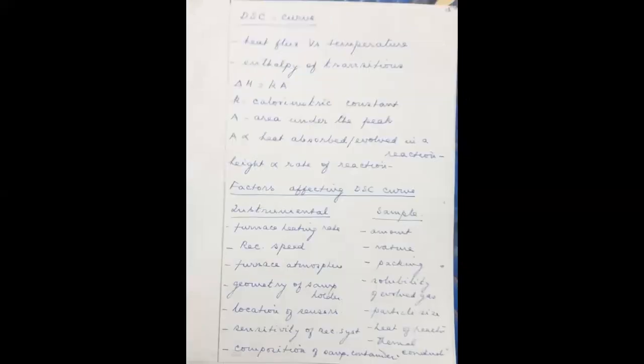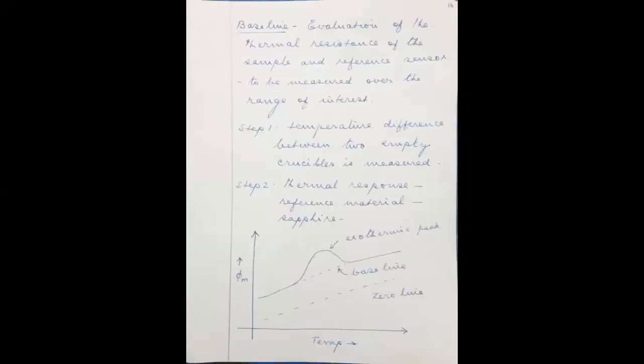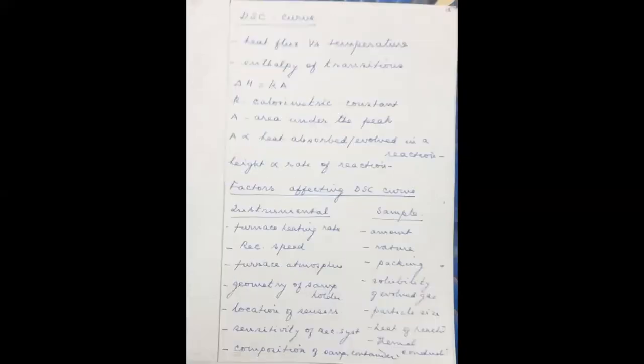Now, what is a DSC curve? It is the heat flux versus temperature curve. I've already shown you the curve. This is temperature, this is heat flux. Heat flux versus temperature is drawn. Then the enthalpy of a transition can be found out using differential scanning calorimetry.